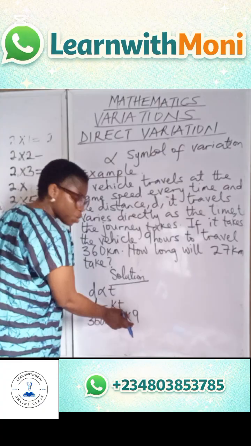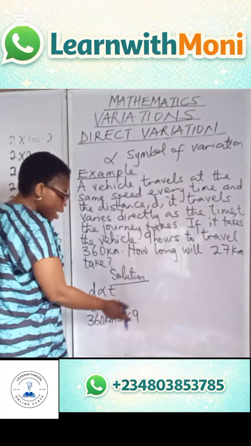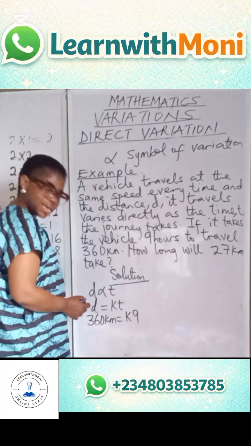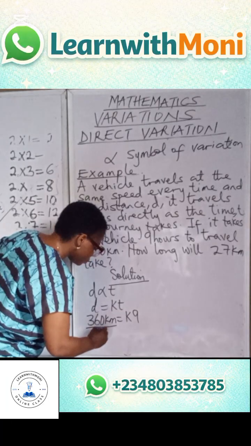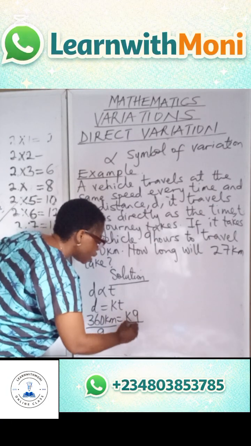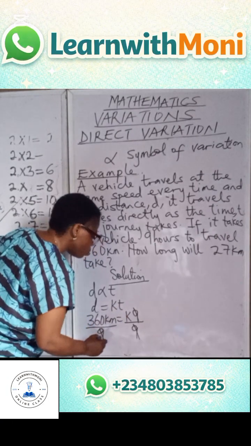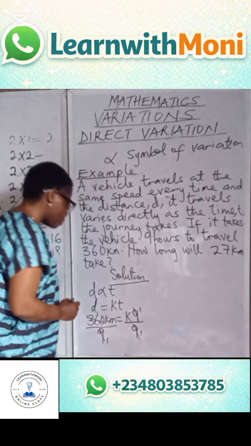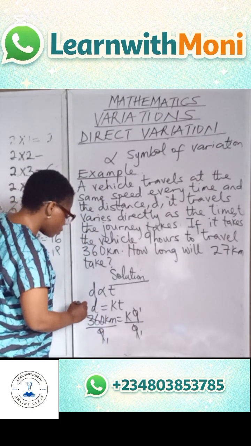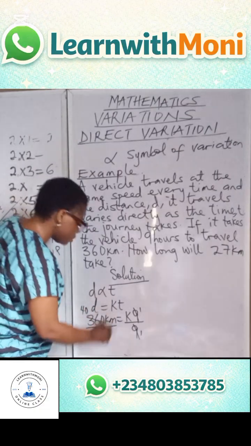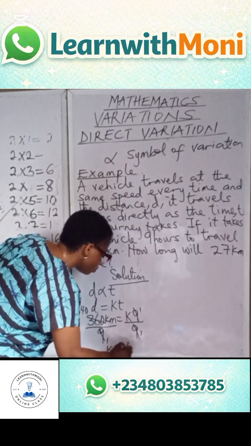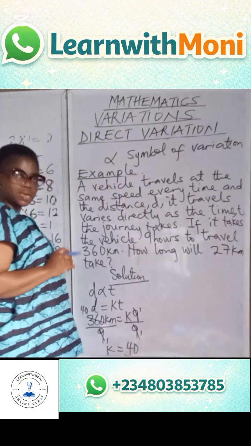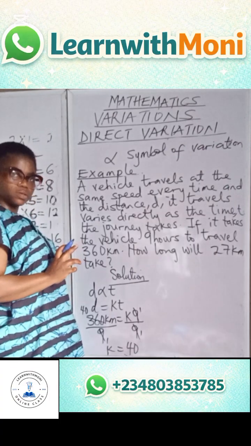For us to get this proportionality constant first, we have to divide both sides by 9. Let us do that. 9 divides 9 once. 9 divides 360 40 times. That means k is equals to 40. We have noted that our k is 40.